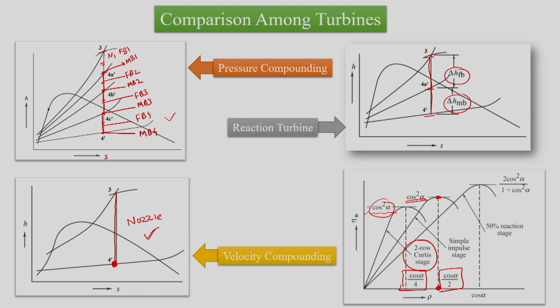Then the reaction turbine has optimum rho as cos alpha, and then this leads to 2 cos square alpha 1 divided by 1 plus cos square alpha 1 as the maximum efficiency for a 50% reaction turbine.